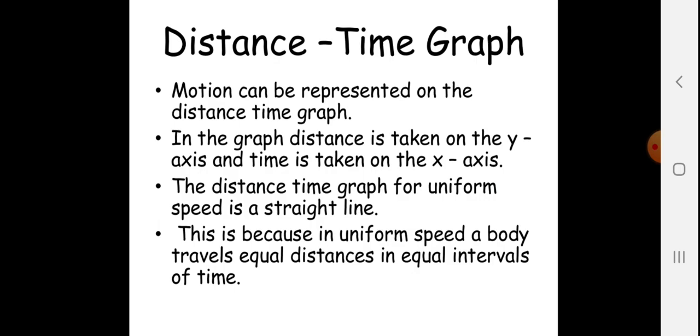In the graph, distance is taken on the y-axis and time is taken on the x-axis. This is the general rule that you have to follow: time on the x-axis, which is horizontal, and distance on the y-axis. The distance-time graph for uniform speed is a straight line. This is because in uniform speed a body travels equal distances in equal intervals of time.